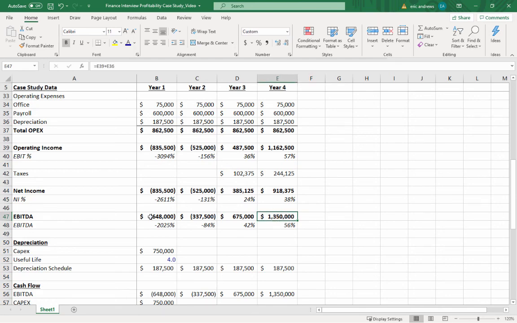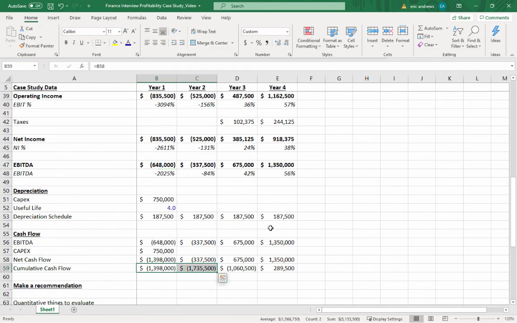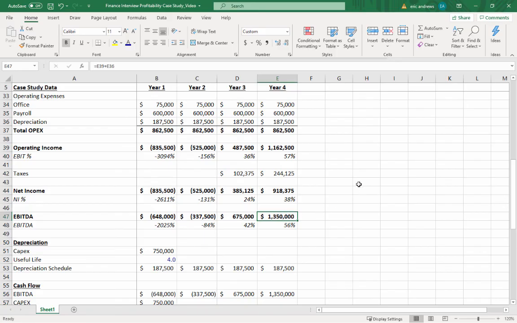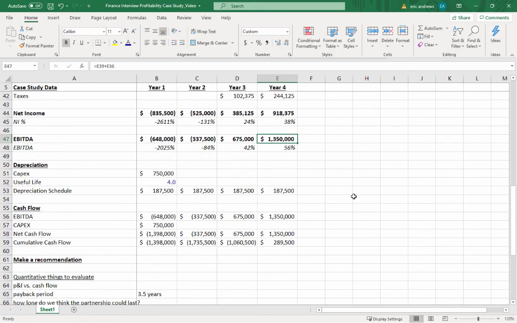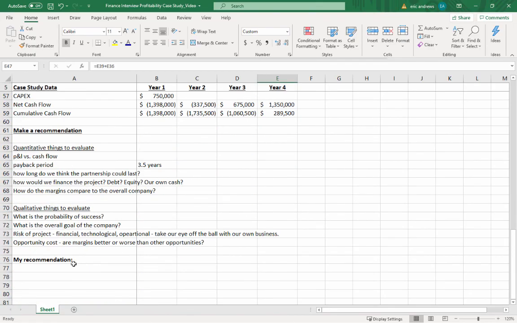So adding this EBITDA to the bottom line could be worth, let's say it's 30 times, it could be worth like $40 million of valuation to the company. So, should we invest $2 million or $3 million to increase our potential valuation by $40 million? Yeah, I think that's a no-brainer. I think you definitely need to move forward with that.